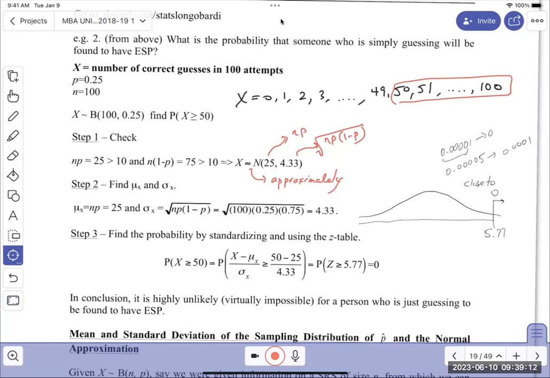If they turn up to have more than 50 cards, it should be unlikely that they're just normal, or they don't have ESP, or they don't have some sort of talent. Okay, so that's what I do with that.